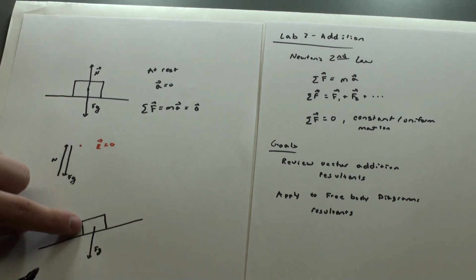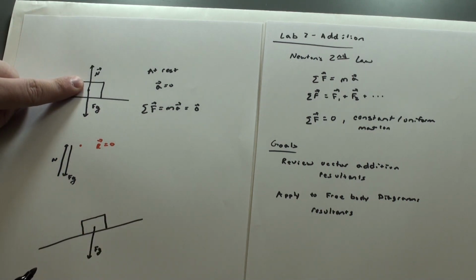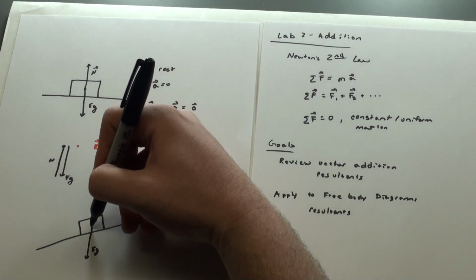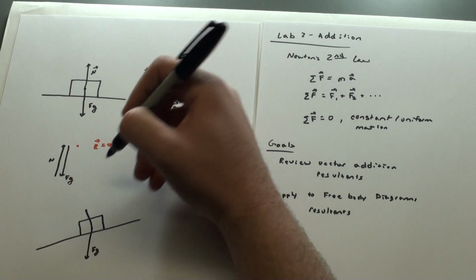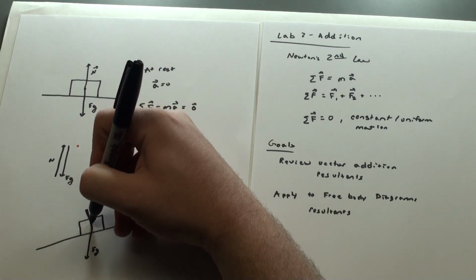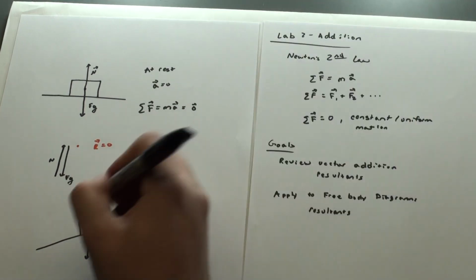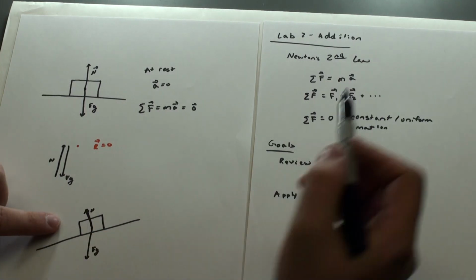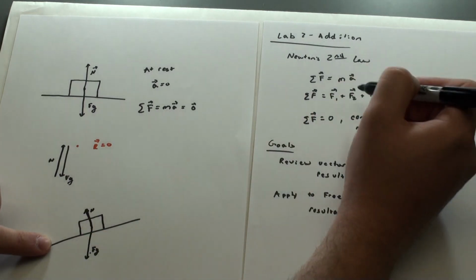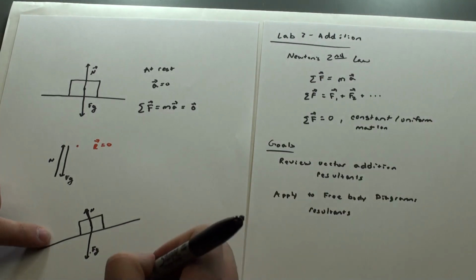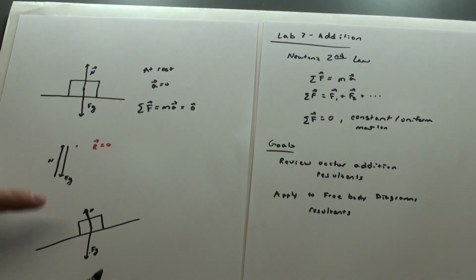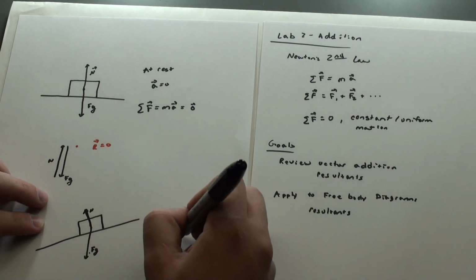We will also have the normal force, which should go up perpendicular to the surface. Then we're going to add the forces, force 1 being Fg, force 2 being the normal force, and find the resultant of that. That might not necessarily be 0, so we're just going to add them up and see what happens.